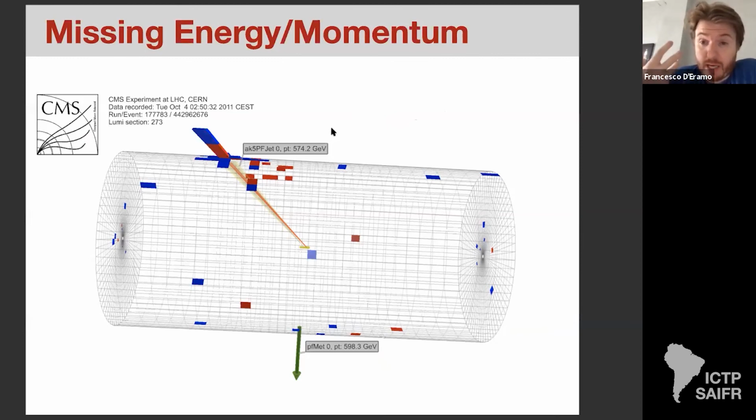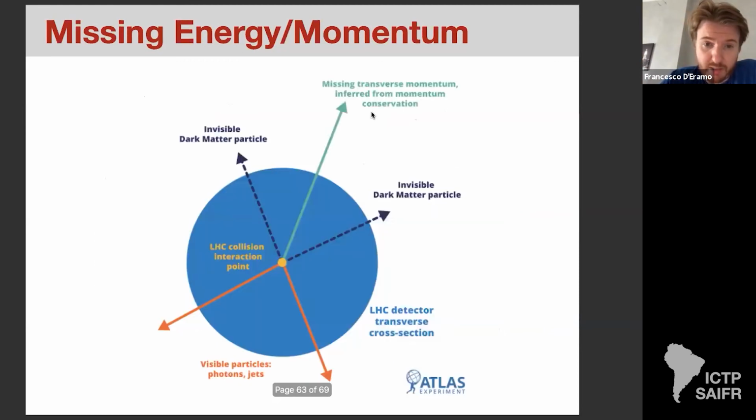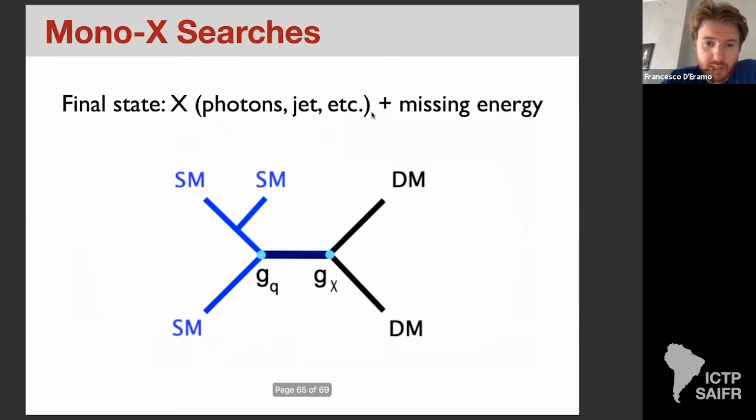By the way, there are processes mediated by the standard model where you have a single jet plus missing energy without any new exotic particle. I can give you one example. If this is a quark and anti-quark, and this is a gluon, then you have a Z boson decaying to neutrino, antineutrino.